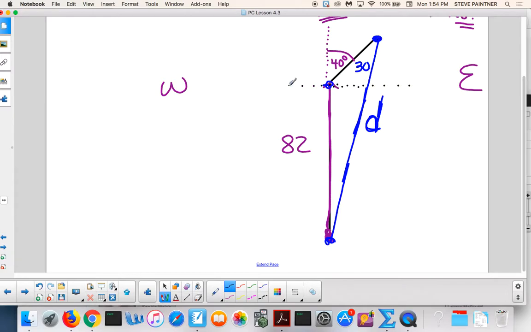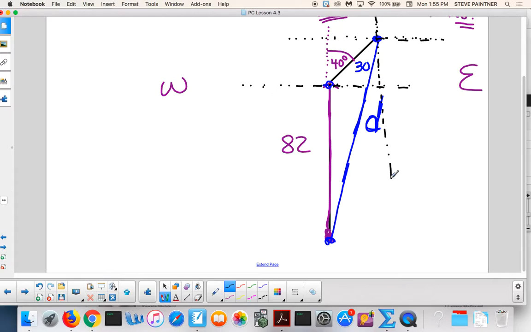That's an east-west line. This is a north-south line. You see the 90s already? 90, 90, 90, 90. Here's one. Straight up is north and straight down would be south. I know it gets messy, but you need right triangles.